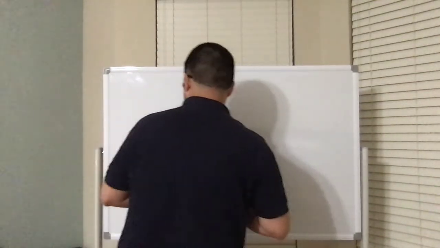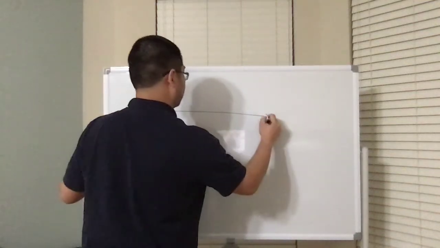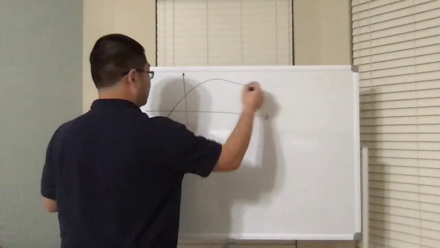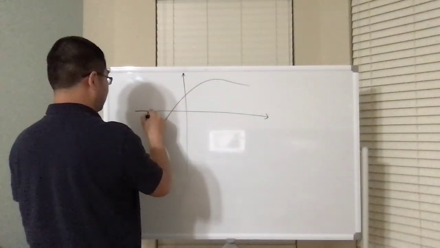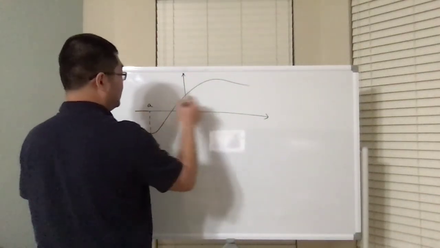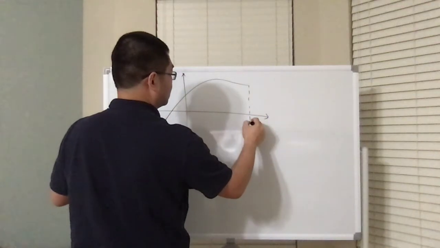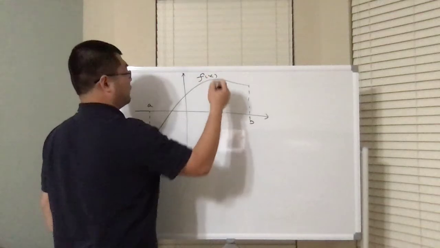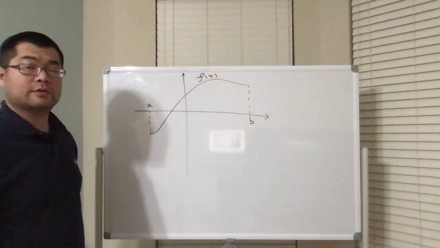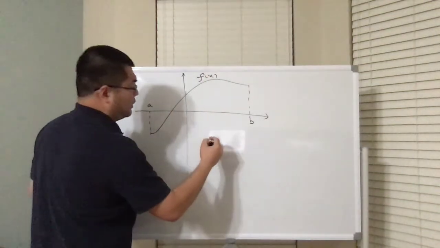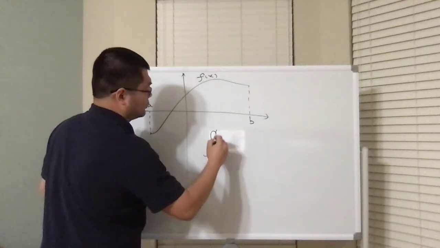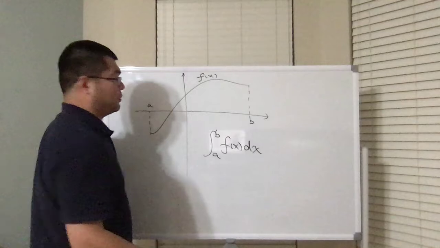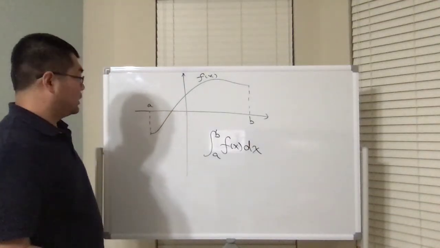Okay. So if we have something like this, this is a function, and it goes from a to b. If we denote this as f(x), you can see that it is continuous. So the definite integral from a to b of f(x) dx, what does this mean?